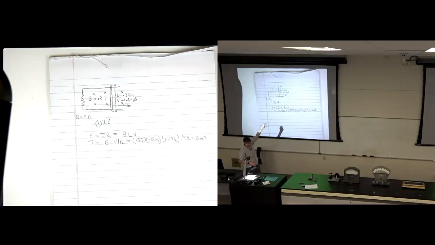That means the induced current wants to make a magnetic field counteracting that change, a field that's out of the screen. So the induced magnetic field is out of the screen because the external field through the circuit is into the screen.